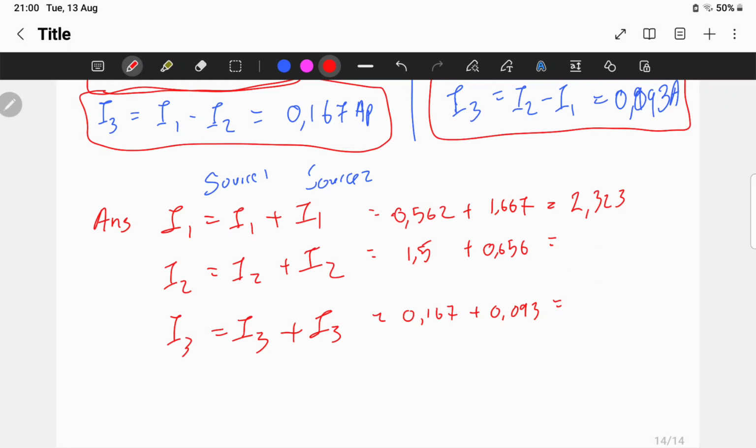Then we have 1.5 plus 0.656, 2.156. And 0.167 plus 0.093 equals 0.26 amps.